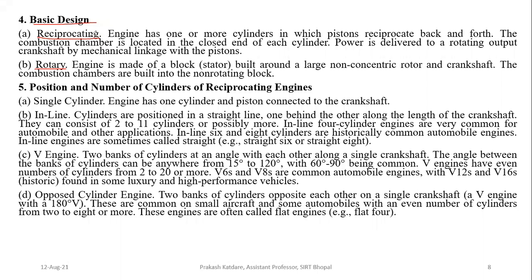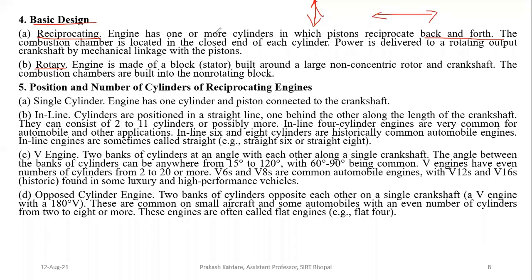In a reciprocating type, the engine will have one or more cylinders in which the piston reciprocates back and forth. Why have I written back and forth? Because if it is a vertical engine, the piston reciprocation will be top to bottom. But if it is an opposite piston or horizontal engine, it will be left to right.